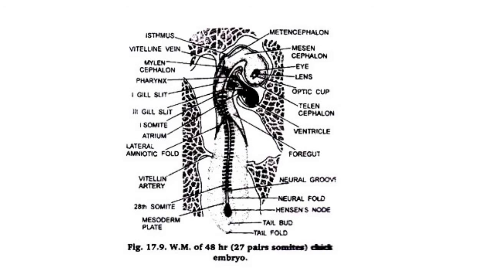And you can see about 28 pairs of somites on either side of the spinal cord, and the neural fold also extends up to Hensen's node. And the primitive streak is completely disappearing at 48 hours. It is changing itself into the tail bud.